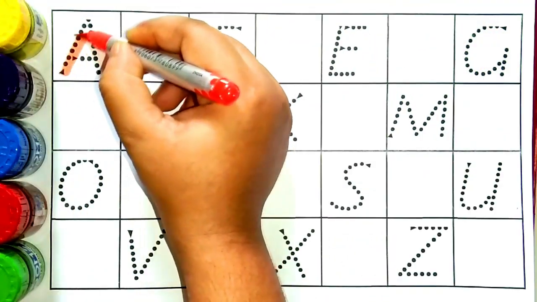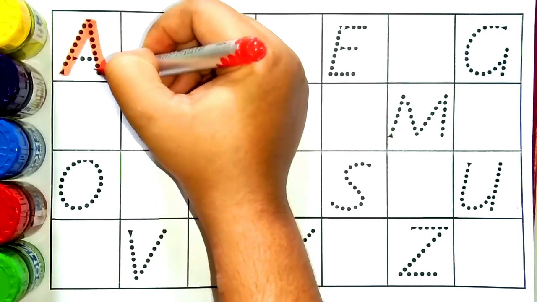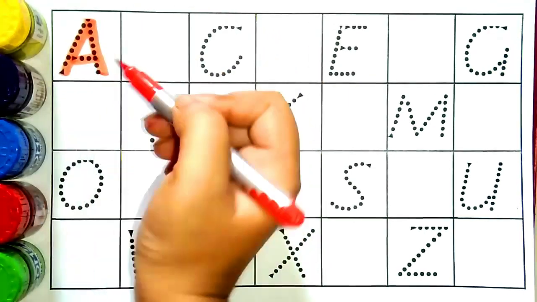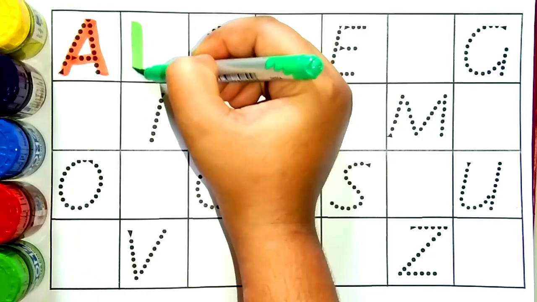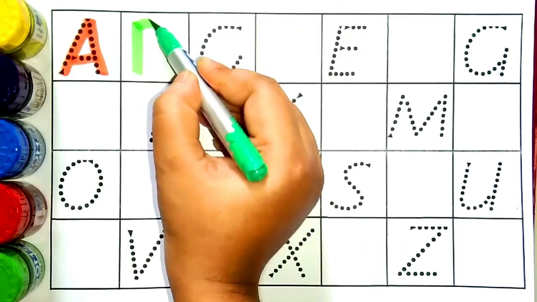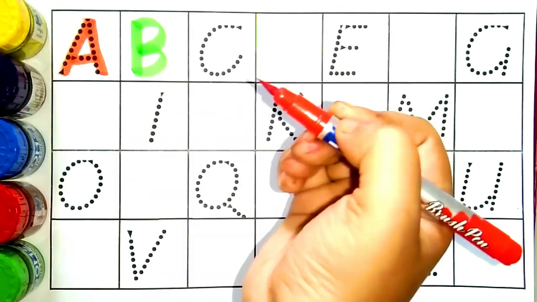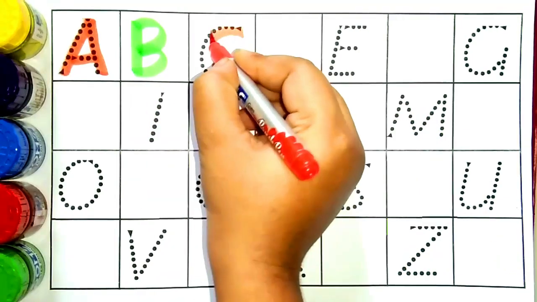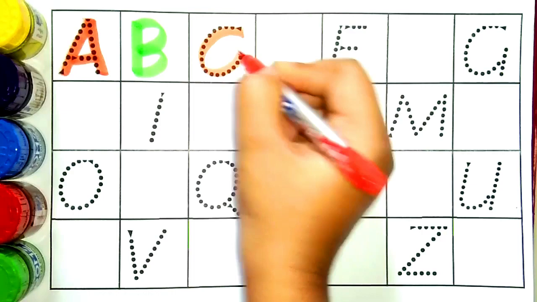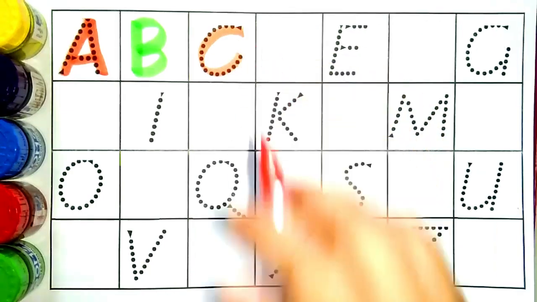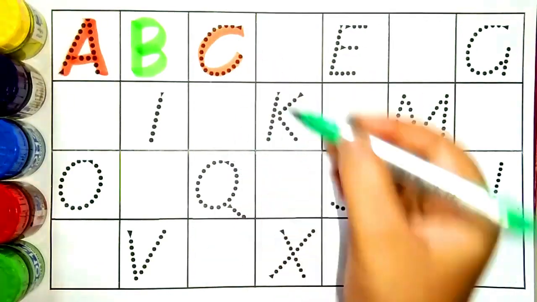A for apple, green color. B for ball, ball, orange color. C for cap, light green color.